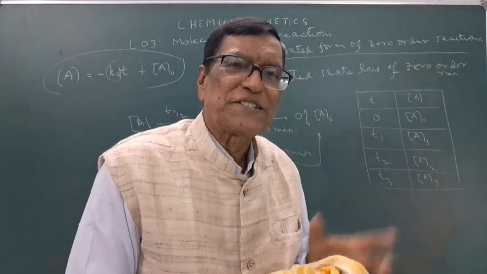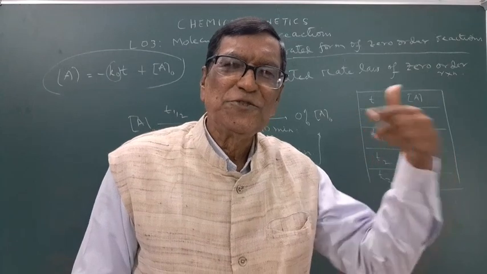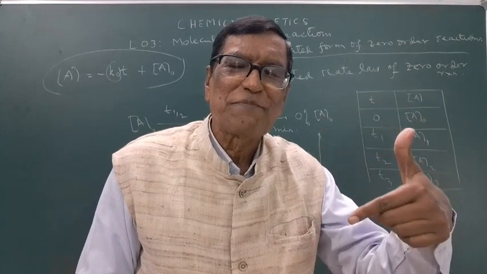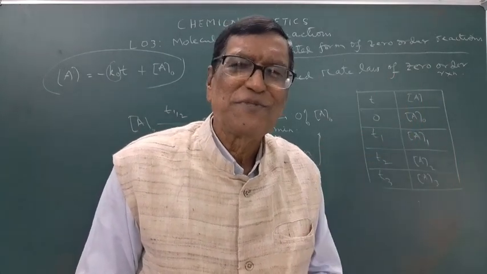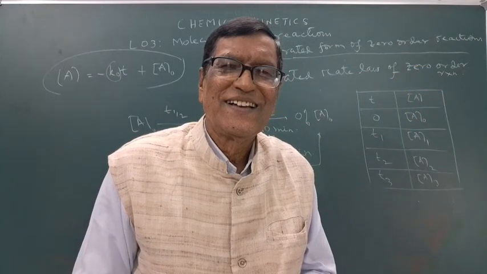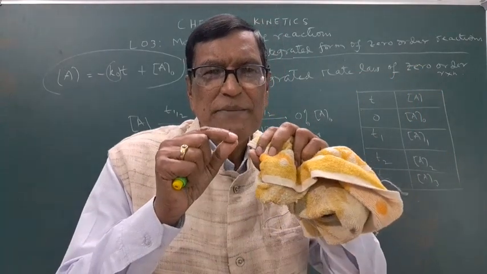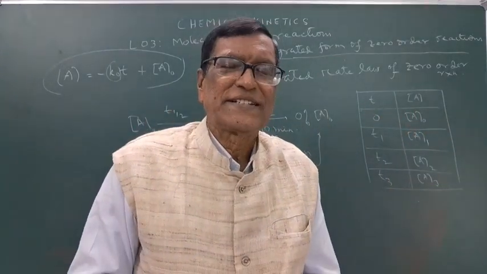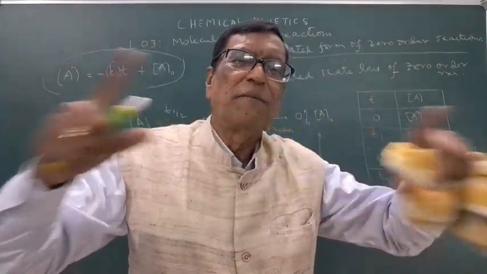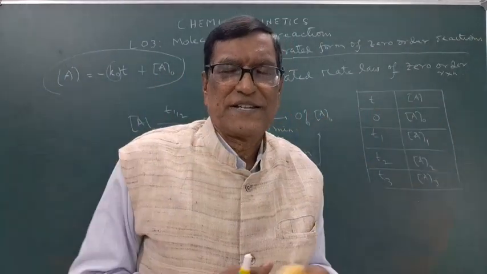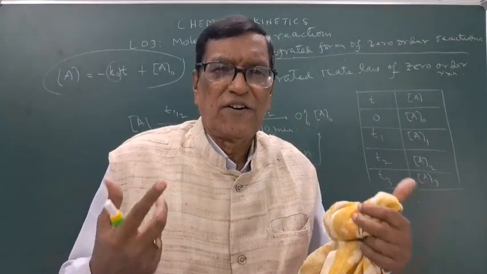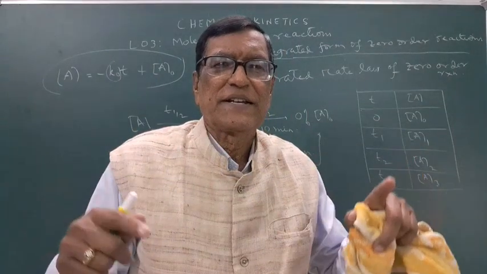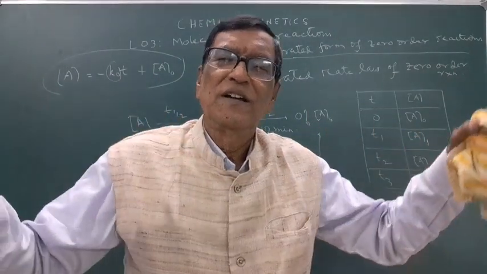So zero order means zero molecularity. Zero molecularity means no molecules are participating. How is it possible? So zero order reactions will never be elementary reactions. They are always complex, multi-step reactions. And as already said, multi-step reactions have no overall molecularity.